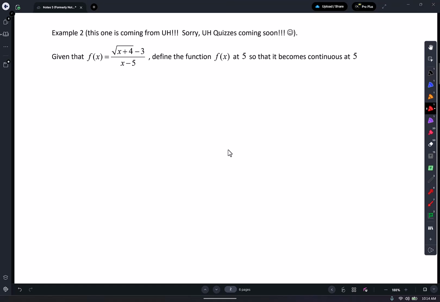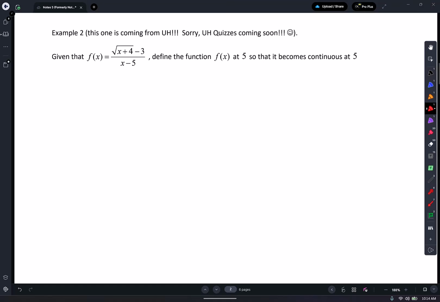All right, here we go. It says, given that f of x equals this, define the function f of x at 5 so that it becomes continuous at 5. Okay, the only way you can make any function continuous is if it has a hole. That's the only way. That's called a what? Starts with the letter R? Removable discontinuity. Way to go, miss. So if it has a removable discontinuity, you can fill that hole in and make it continuous.